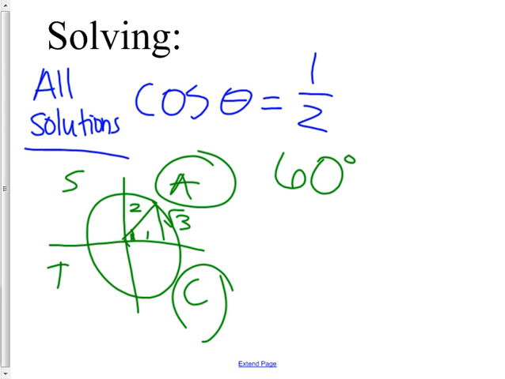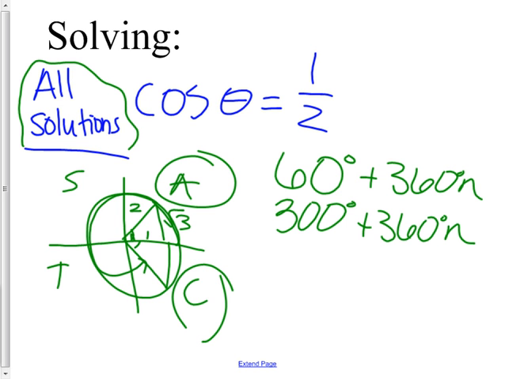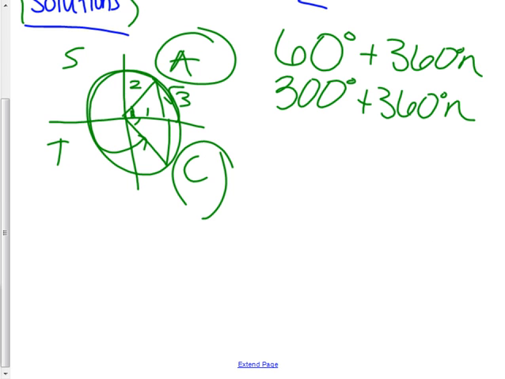And then down here, we're still working with 60-degree angles, so we take 360 minus 60. Is my answer complete? No, I said all solutions. So I have to say plus 360 degrees n. If I would have put my answer into radians of pi over 3, then I would say plus 2 pi n.